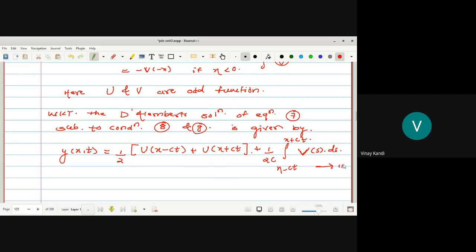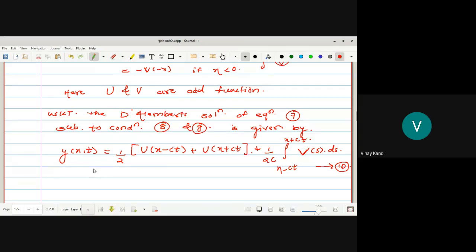Give it as equation number 10. So this is the solution for the semi-infinite string.